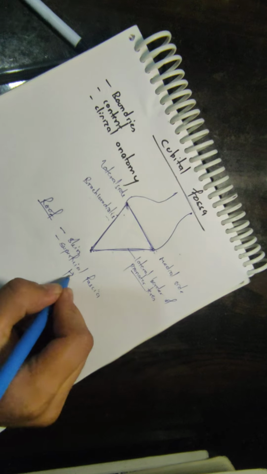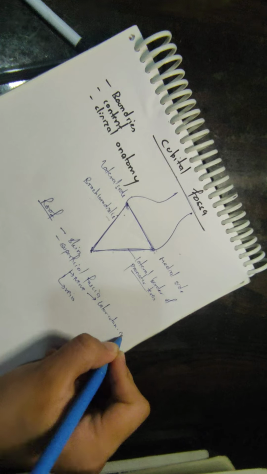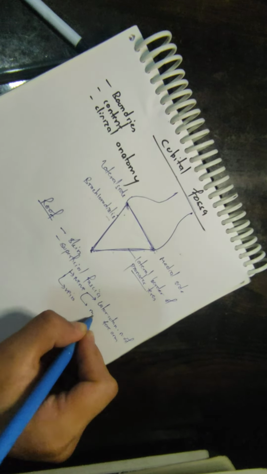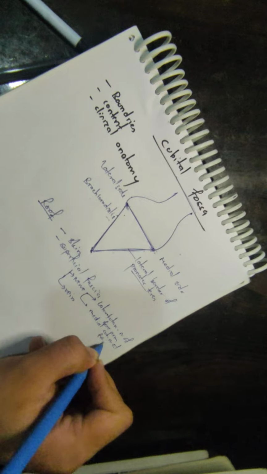The superficial fascia contains two important structures, that is nerve and vein. The nerves are also two in number, which are the lateral cutaneous nerve of forearm and the medial cutaneous nerve of forearm.